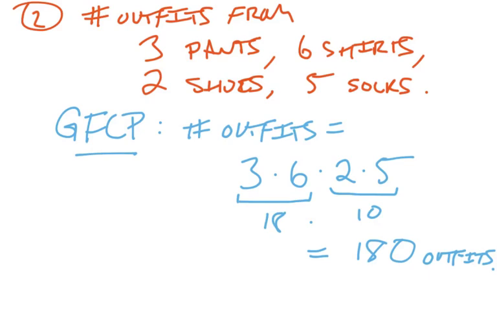So let's consider something a little bit different. At least it's going to look a little bit different. All right, so for this third example, let's make the problem look a little bit different.